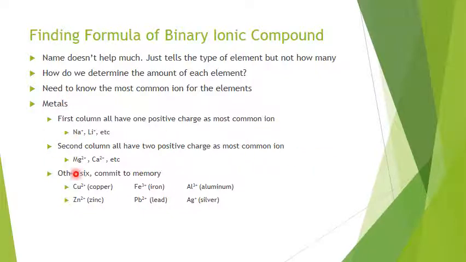So again, everything in the first column gets plus, second column gets 2 plus. And then you get these 6 guys in the middle, and lead a little bit on the outside. Just got to memorize. Copper's 2 plus, iron 3 plus, aluminum 3 plus, zinc 2 plus, lead 2 plus, silver plus.